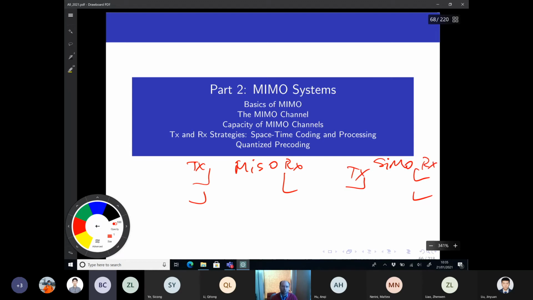Now I'm going to look at a more general case, where I can have multiple transmit antennas and multiple receive antennas. And so MISO, SIMO, SISO are all particular instances of a MIMO framework, if you like, because in the MIMO framework, you can always set the number of antennas at the transmitter or the receiver equal to 1, and then it boils down to the SIMO, MISO, or the SISO case, right? But the MIMO gives you additional benefits.